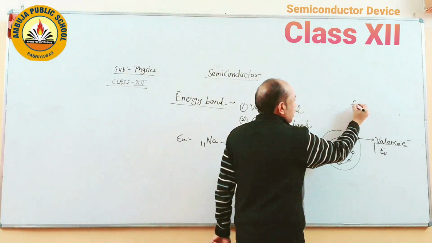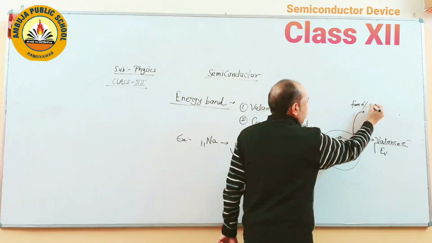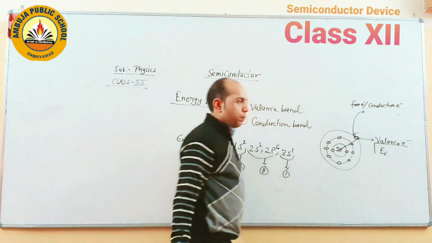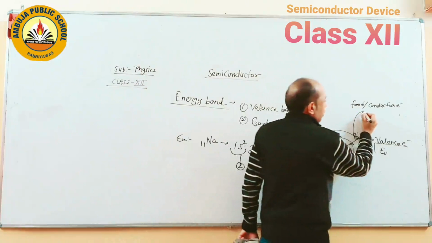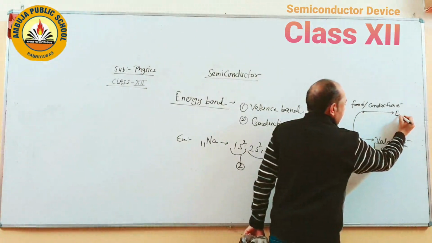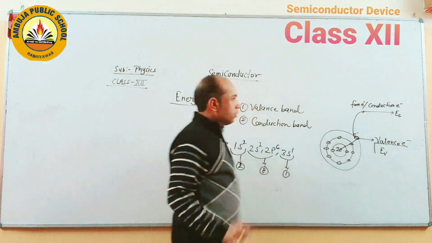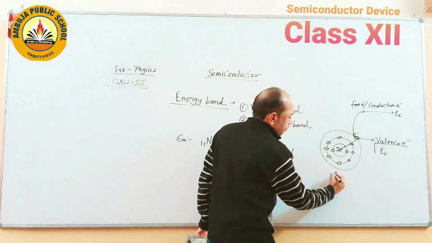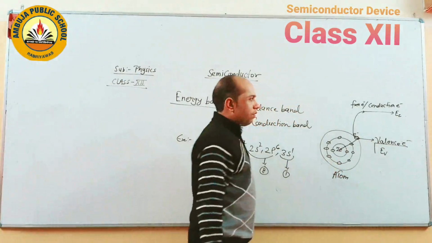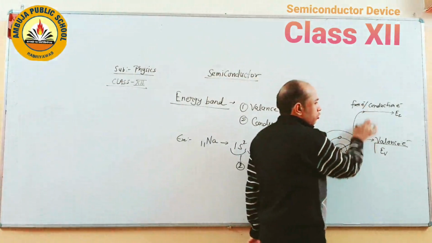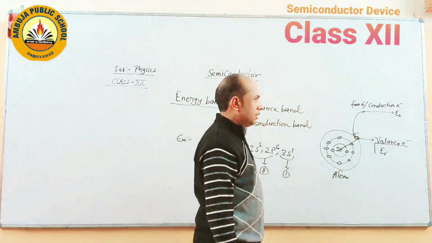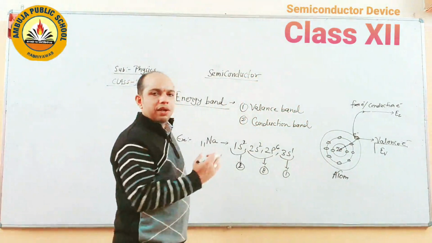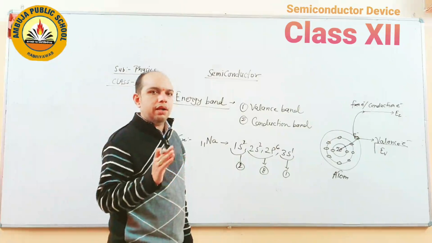So this electron is called a free electron or conduction electron, and the corresponding energy level is known as the conduction band. So for any atom we have valence electrons as well as conduction electrons, and the corresponding energy levels are valence and conduction. On the basis of valence and conduction, we now classify conductor, insulator and semiconductor.